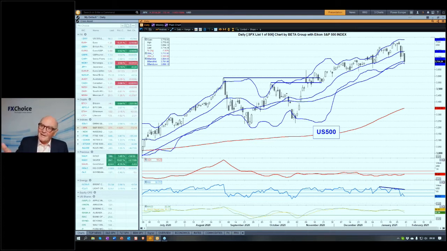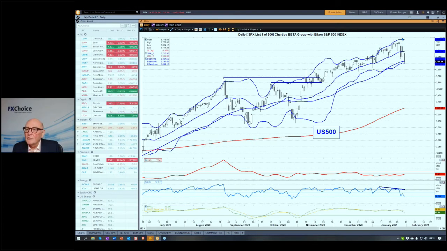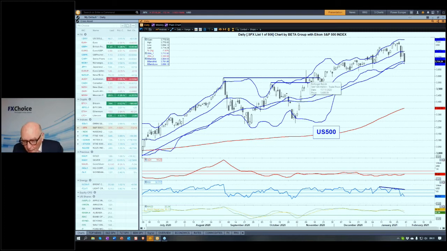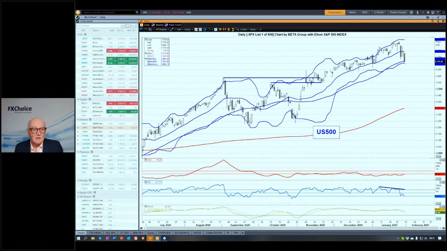But here it is, and it does look as though we're breaking down from it. It was a wedge formation also. We'd lost momentum here. So how far is it going to come down? It can easily come down to here or even lower, and not at all damage a long-term bullish pattern in here. So there's lots of areas of support, but it's having its overdue correction.